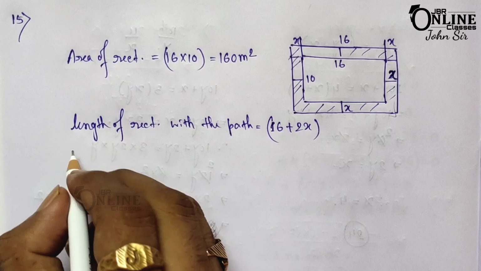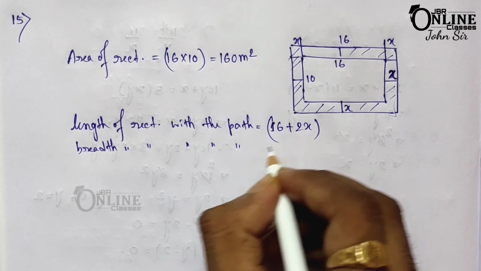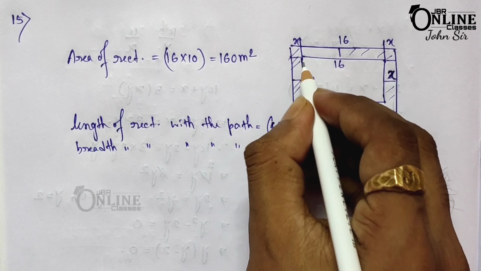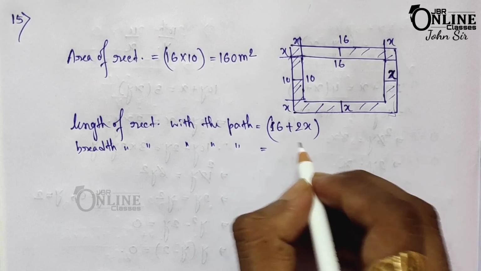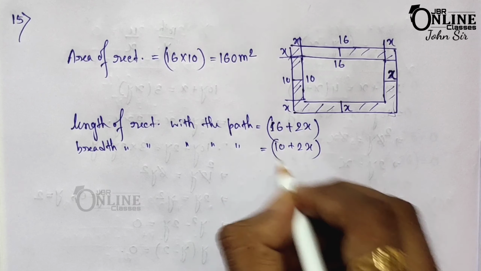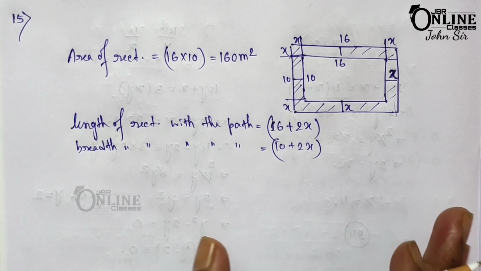And the breadth of the rectangle with the path: this portion is 10, and this one also x and this one also x, so 10 plus 2x.